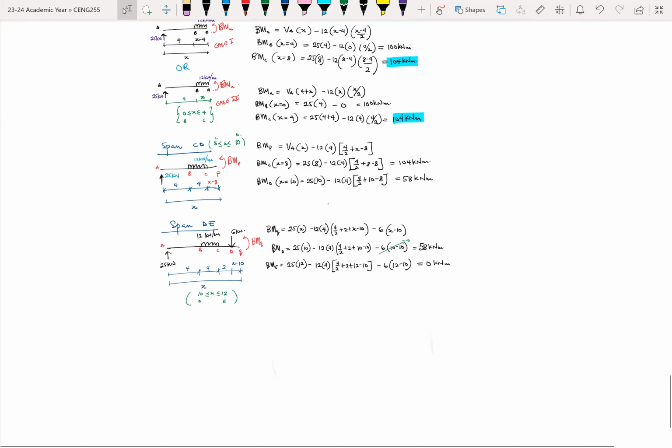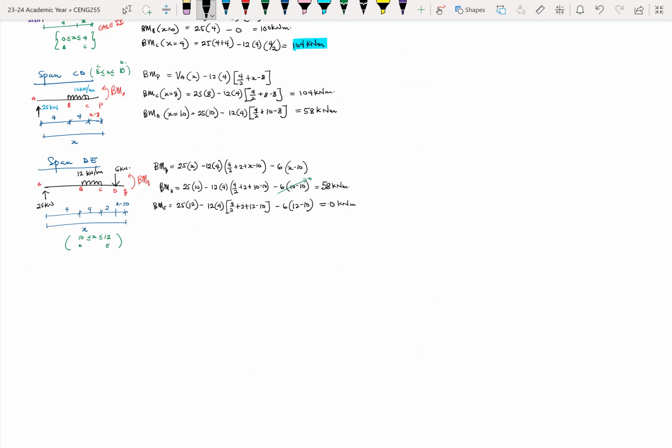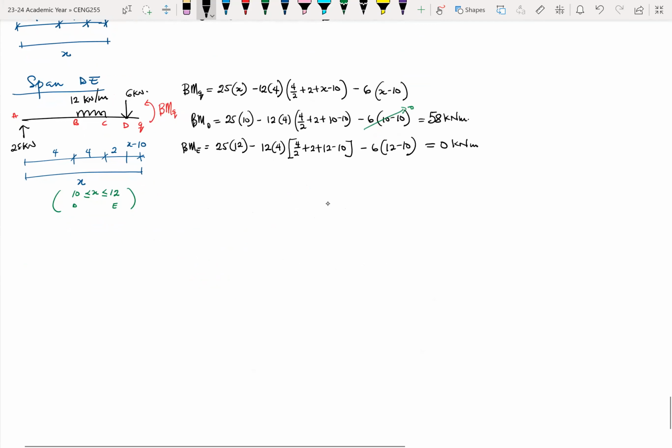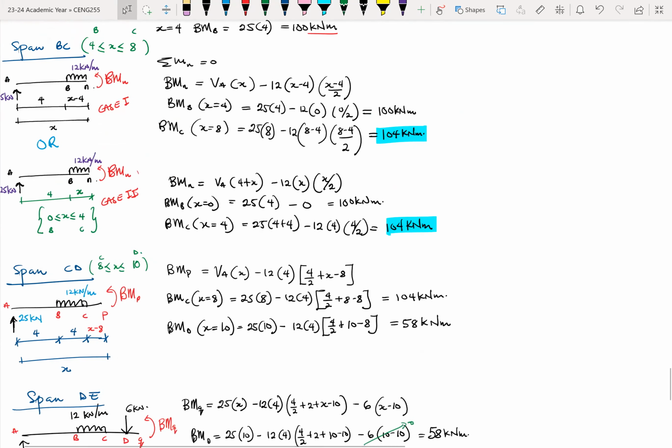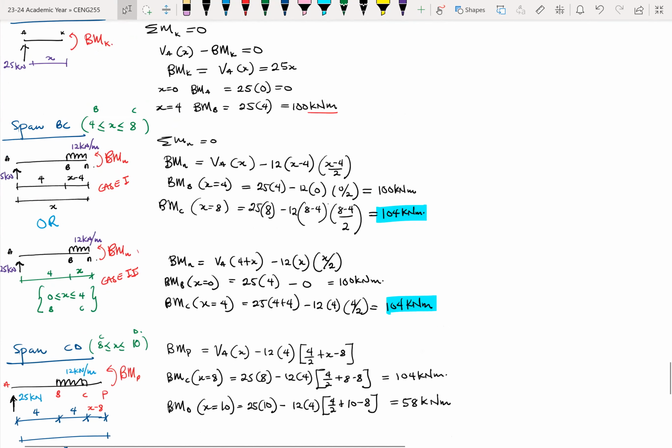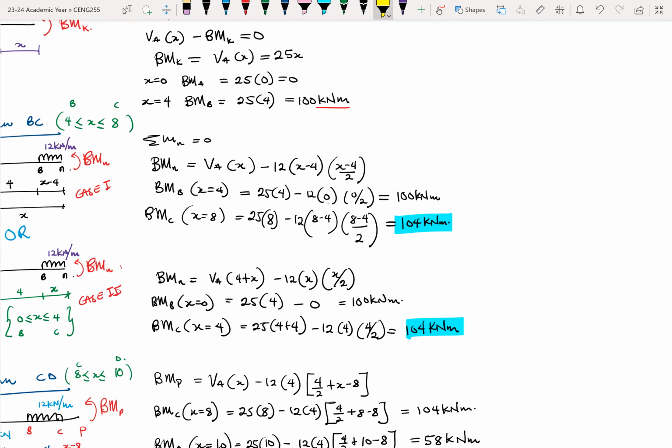So let's draw the moment diagram. This is A, B, C, D, and E. Okay. Now let's take note of something. The bending moment at A is 0, right? Bending moment at B is 100.